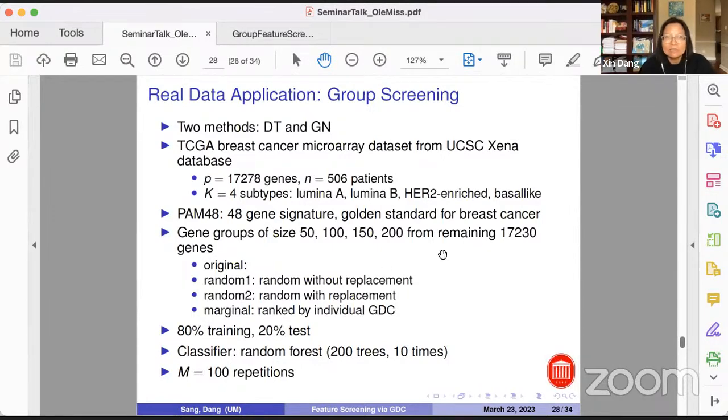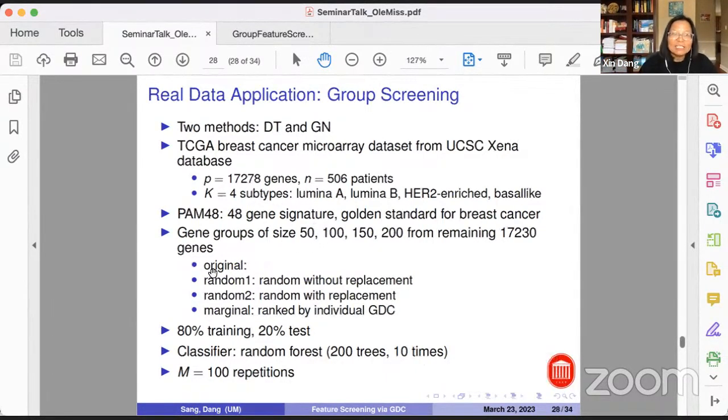Besides the remaining genes, we group them together. Because we don't have the domain knowledge of how to group them, we do it manually to form some groups. We have 4 ways to form the groups.